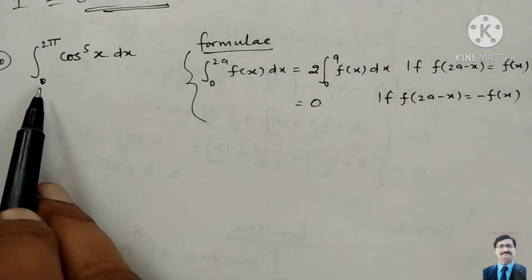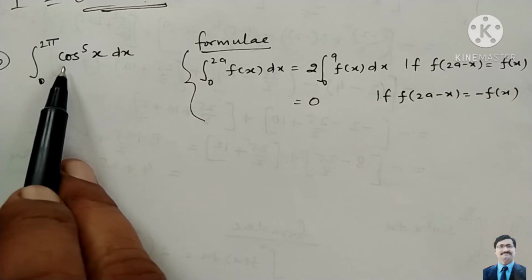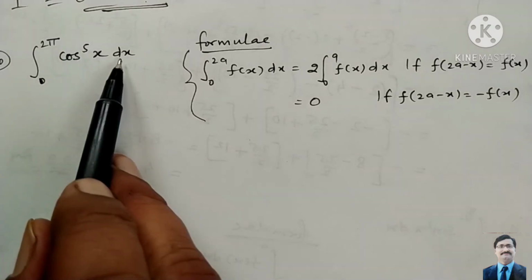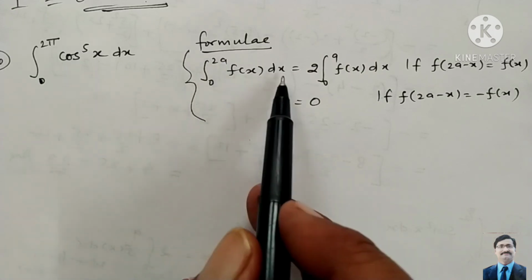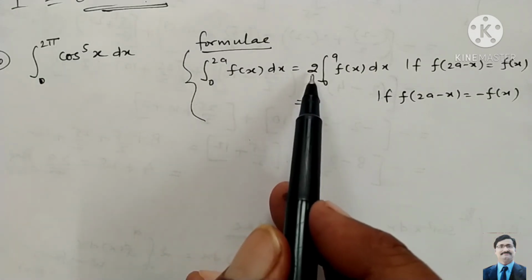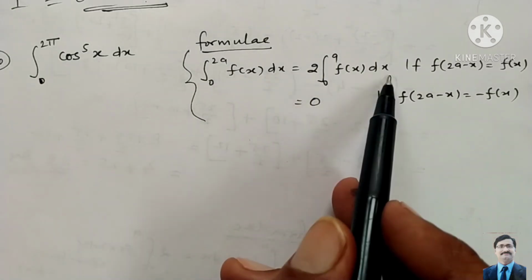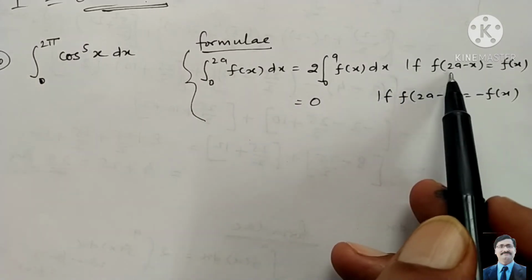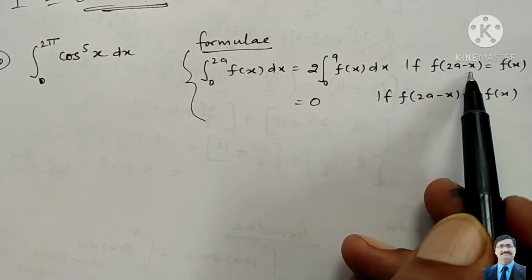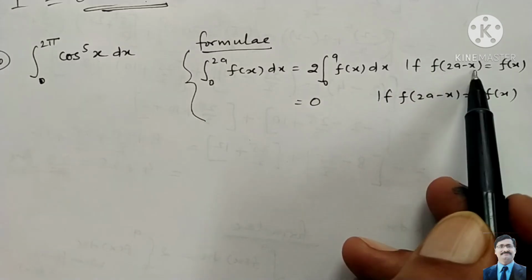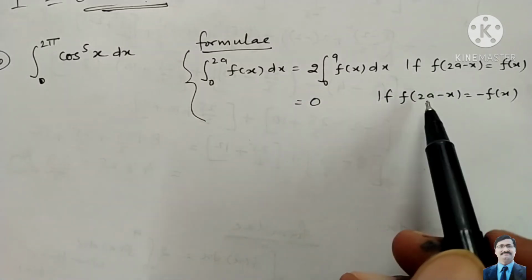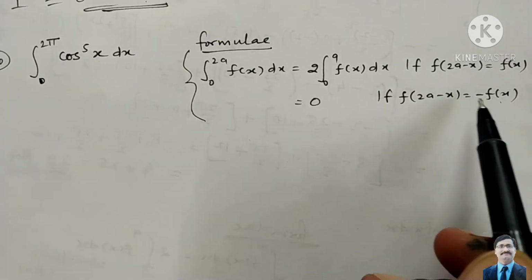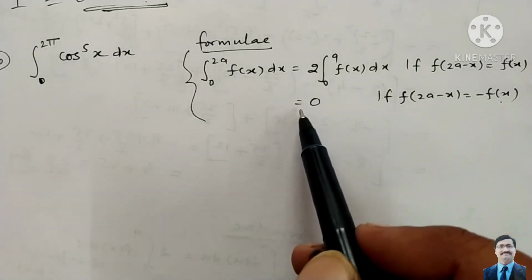Look here, one more question: the integral from 0 to 2π of cos⁵x dx. Here we use this formula: the integral from 0 to 2a of f(x) dx equals double the integral from 0 to a of f(x) dx if, when we write 2a − x in place of x, we get f(x) again. Then it will be double. But if f(2a − x) is −f(x), then the value will be equal to 0.